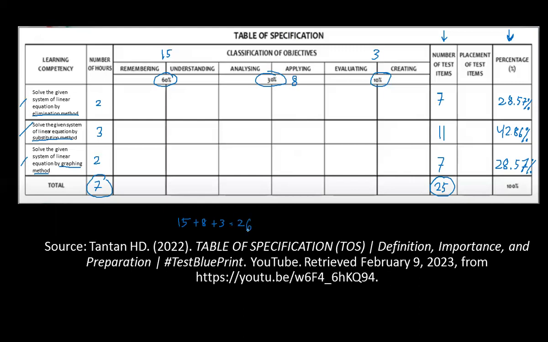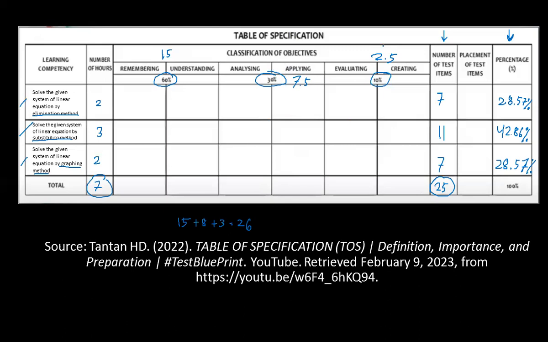So, anong gagawin natin? Alam mo yung naka-decimal na sagot natin kanina. Unang, di ba, sa analyzing at saka sa applying, we have 7.5, right? Dito, meron tayong 2.5 sa evaluating and creating. So, dito, you can have two choices.